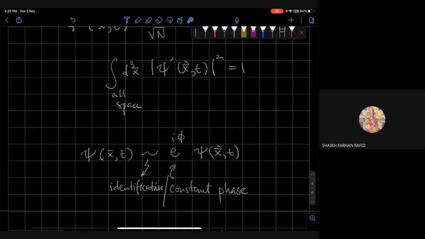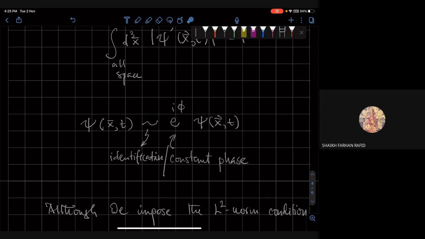And it's one of the assumptions of quantum mechanics that two wave functions which are related by multiplication by a constant phase describe the same physical system. So this is irrelevant. What's the advantage of this e to the power i phi? There's no advantage. Physically, this thing and this thing are the same thing. Is this related to the idea that phase velocity doesn't describe anything? No, this has nothing to do with phase velocity.